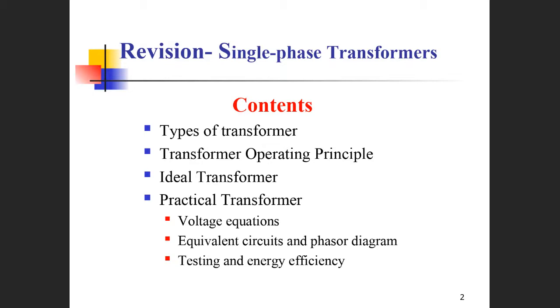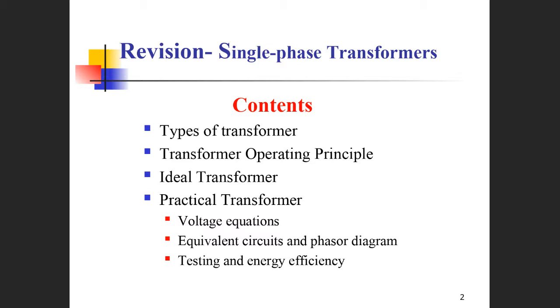So here are the contents. We have the different types of single phase transformer. We talk about the operating principle, ideal transformer, practical transformer. For the practical transformer, we showed you how to write the voltage equations to represent the transformer circuits. We also showed you how to draw the equivalent circuit and the phasor diagrams of the transformers.